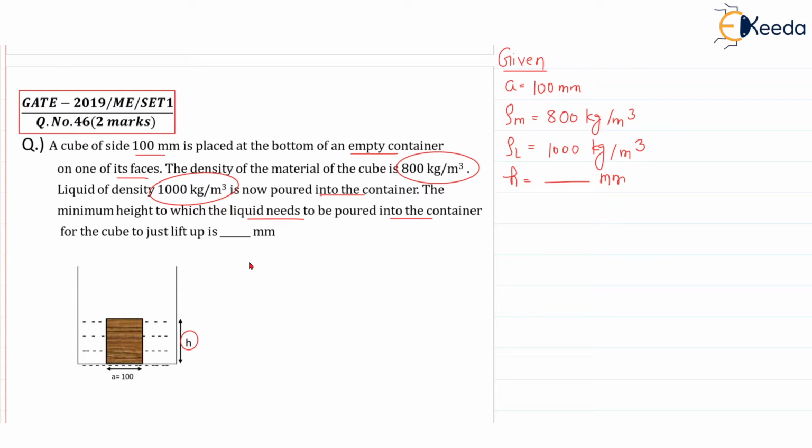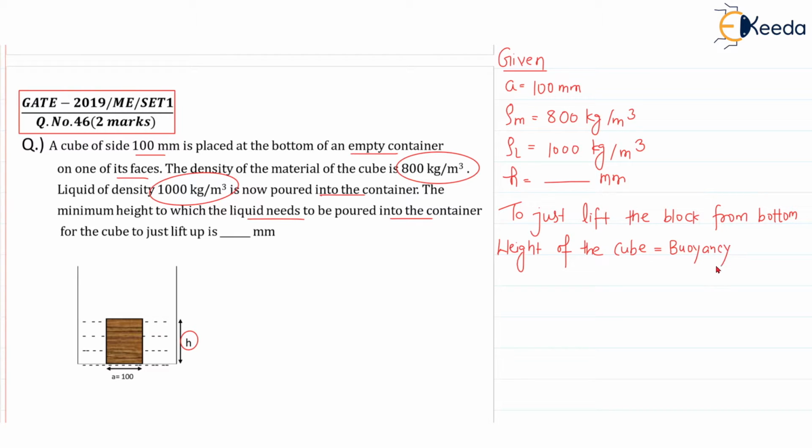So the concept is here. I will write down the concept. To just lift the block from the bottom, the weight of the cube is equal to the buoyancy force.